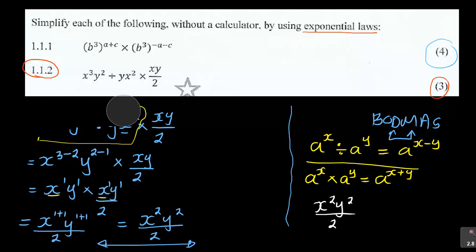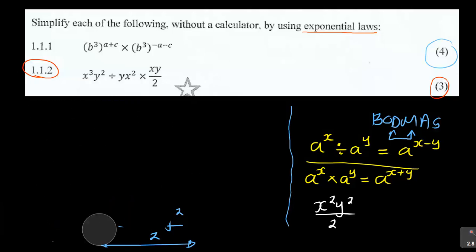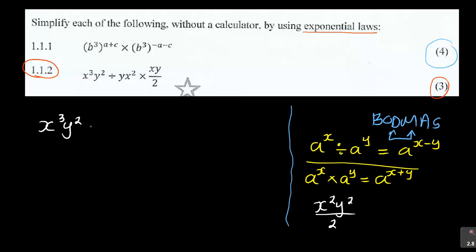If I was solving it in another method, I have in this case x to the power of 3 y squared divided by y x squared times xy over 2. So let's say I was solving it differently.